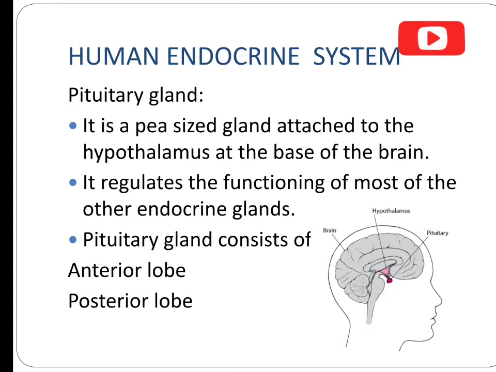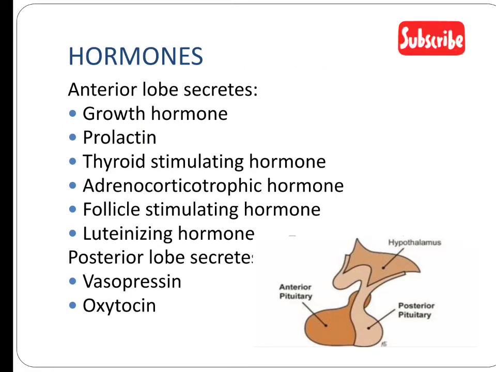You see the pituitary gland consists of two lobes. One is the anterior lobe and the other is the posterior lobe. You can see in the picture the anterior lobe, known as the anterior pituitary, and the posterior lobe, the posterior pituitary. As we know, the glands secrete hormones.